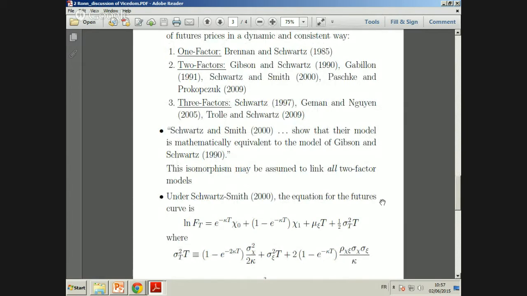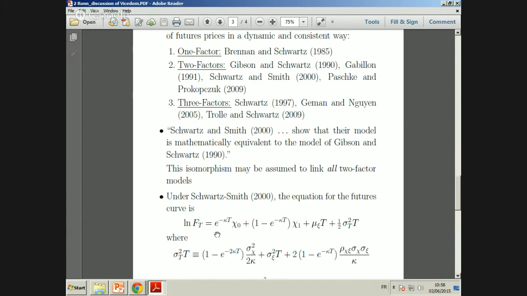What Eduardo and James did there, I think, in a very nice way, is they had, and Alvaro, I think, presented this yesterday on the whiteboard, a 2-factor model in which they had a mean reverting factor and a non-mean reverting factor. And I really like the way this presents itself analytically, in that you see that the futures price here in the first 2 terms has the effect of the mean reverting factor.